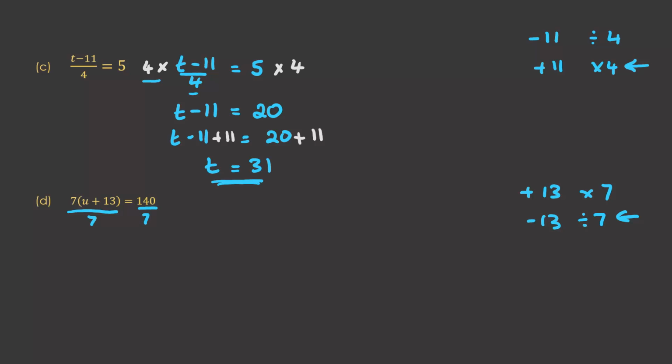And then that gives me just u plus 13 on the left and 20 on the right. And now what I want to do is subtract 13 from both sides. And I get u on the left and I get 7 on the right.